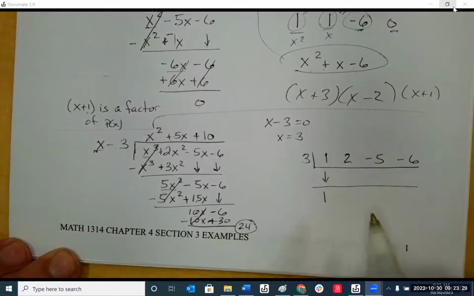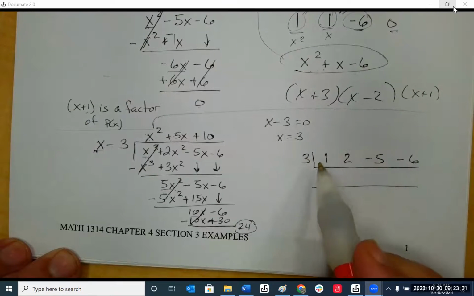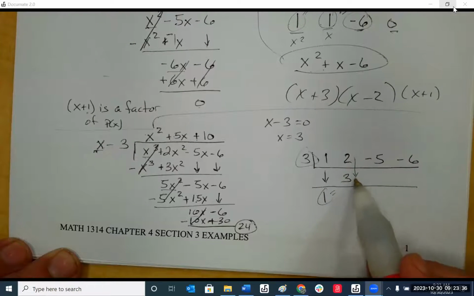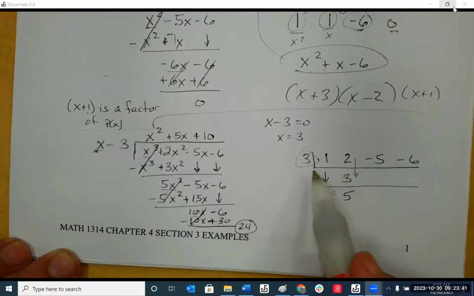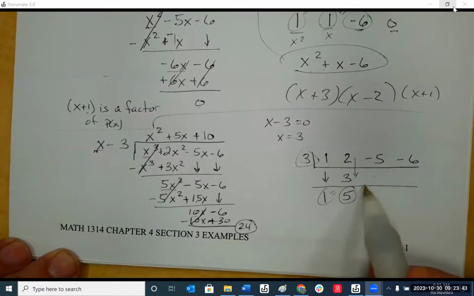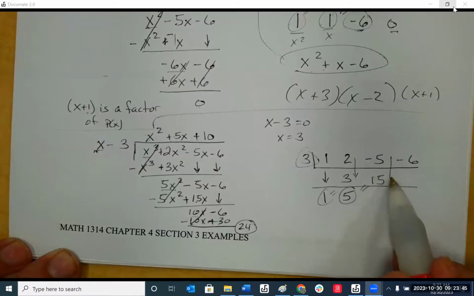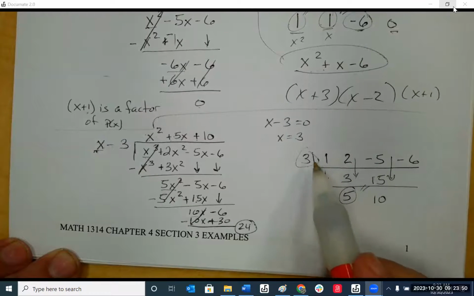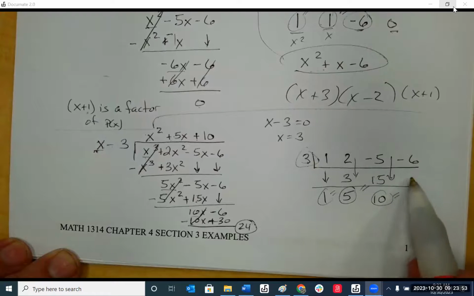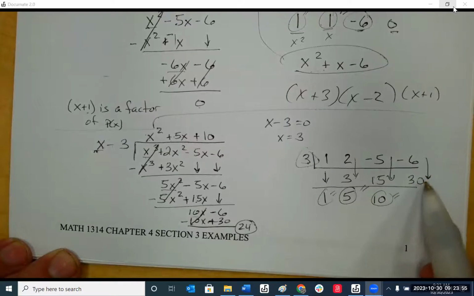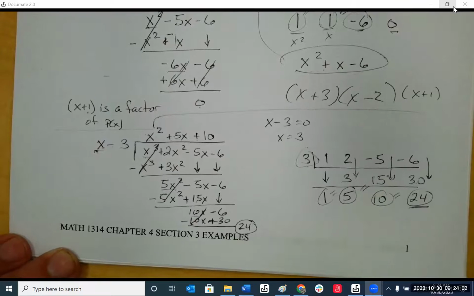Bring down the first term. Multiply and add. 3 times 1 equals 3. Straight down. 2 plus 3 is 5. 3 times 5 is 15. Straight down. 15 minus 5 is 10. 3 times 10 is 30. 30 minus 6 is 24. So it's not a factor.